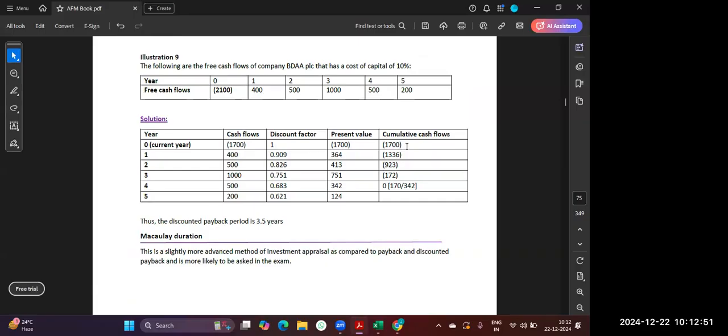The question says 2100, but I think this is a typo, so let's assume this to be 1700. Please make a manual correction in your notes.